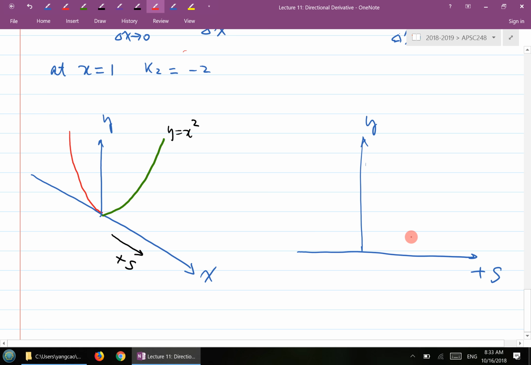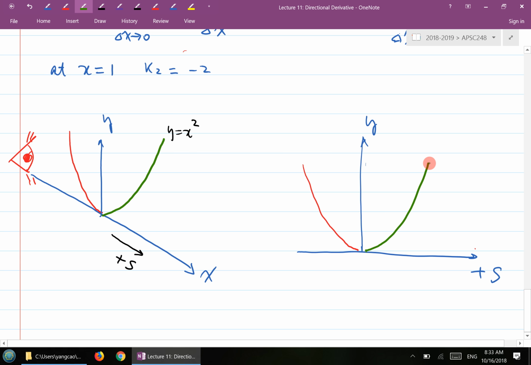If I redraw this in this perspective, it's like you're looking from this direction, from this side of the plane. If you look from this side of the plane, guess what? You will see this y here, this positive displacement s here. Then this curve essentially means you have red here, and then green here.